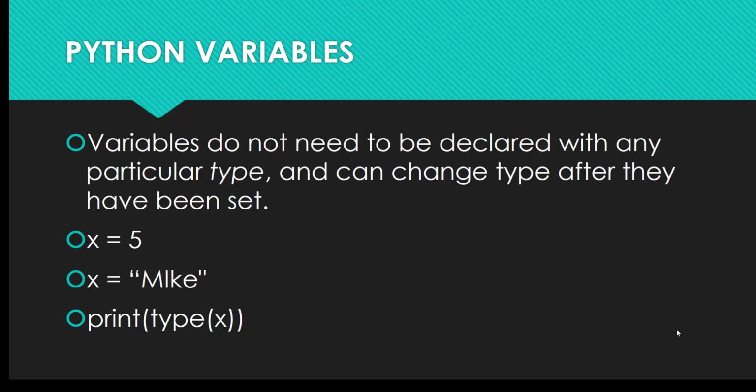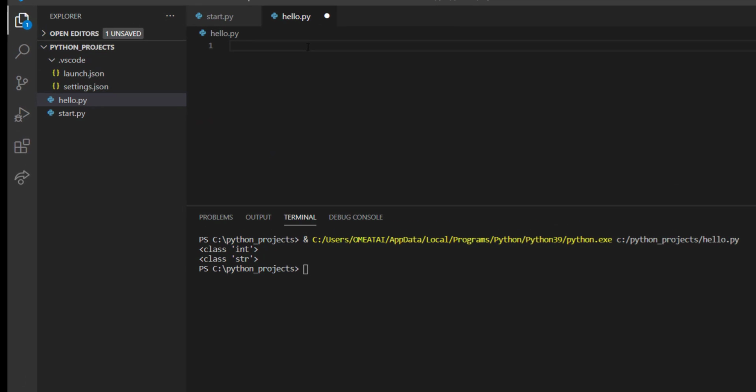So let's see the example. We're back to the code editor and I'm going to type x as a value of 5, and x also as a string called Mike, and print out both values.